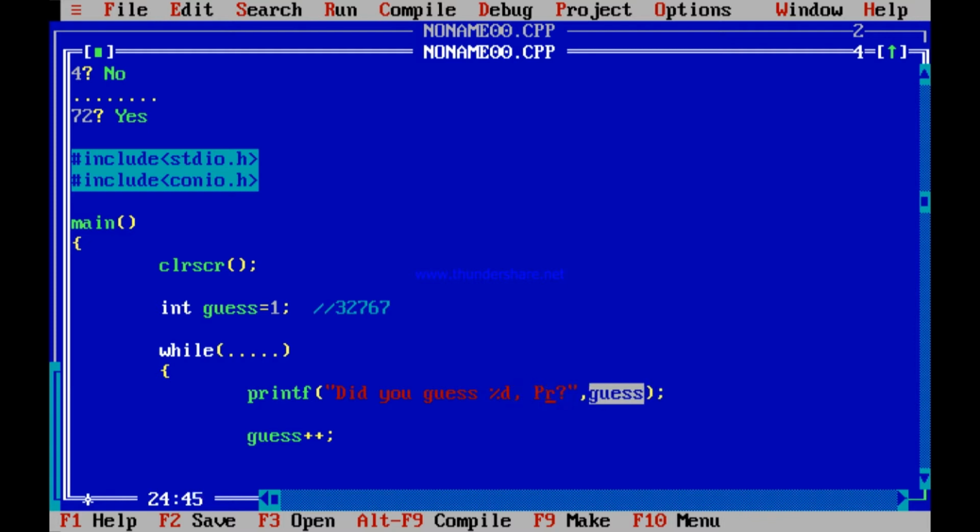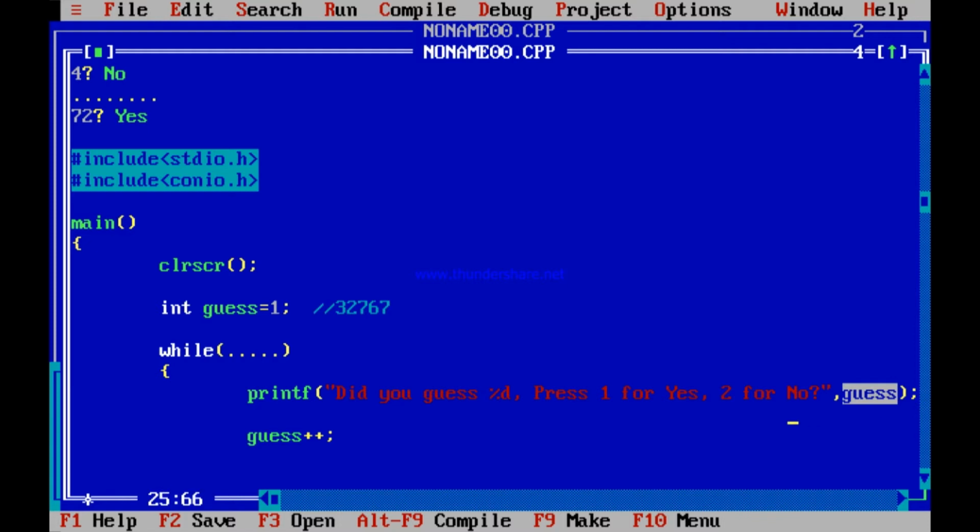Tell the user, press 1 for yes, press 2 for no, which means if the user enters 1, it means yes, you have reached the proper number. If the user says 2, that means no, you have guessed a wrong number, you will have to increment.